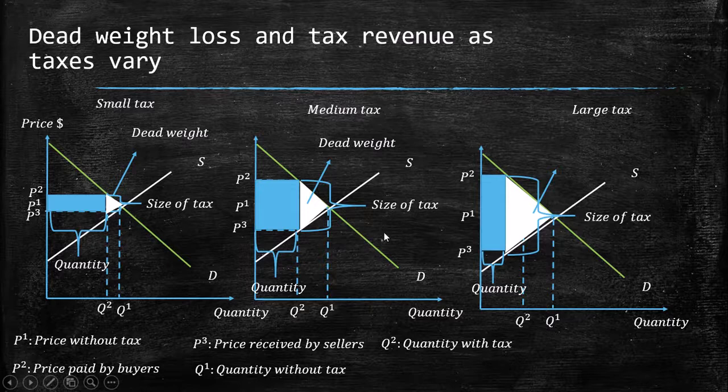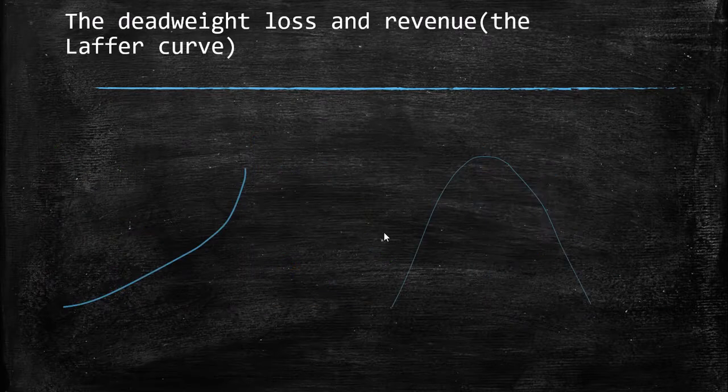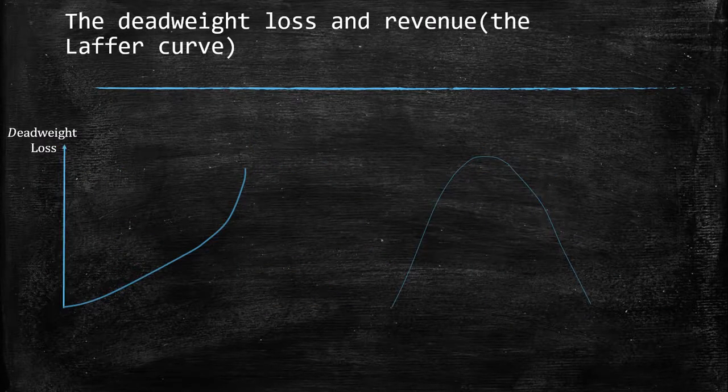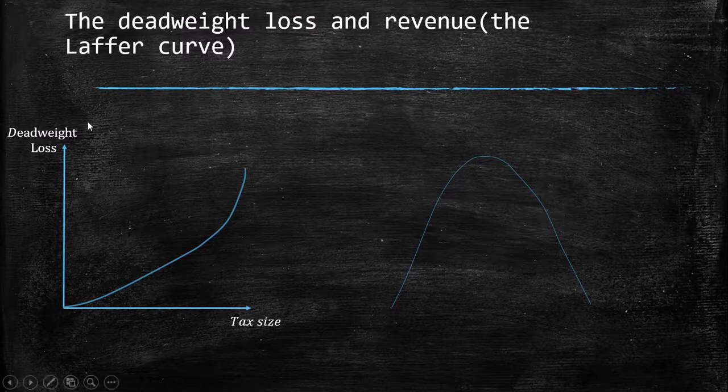Okay? So here we can represent this through curves. The first one we're going to pay attention to is this one. In the x-axis we have the tax size, and on this one we have the deadweight loss. We see here how when the tax size increases a little bit, the deadweight loss is going to increase more.